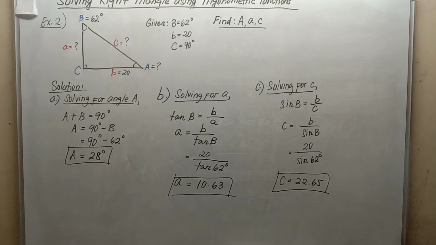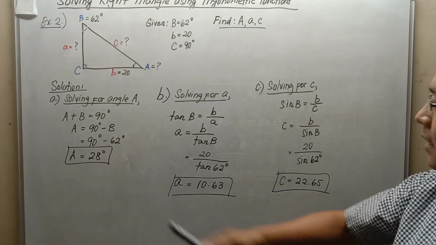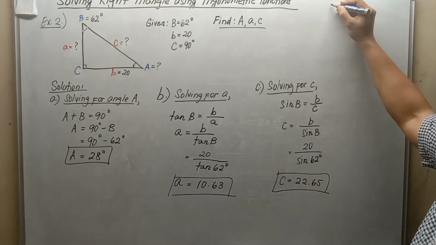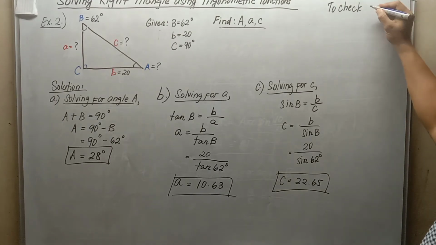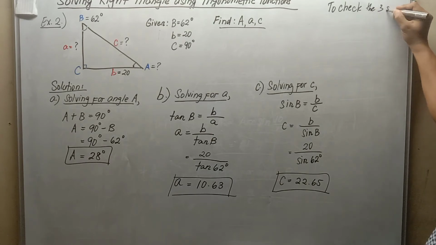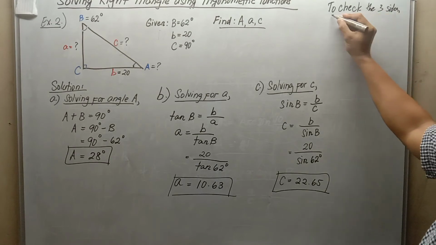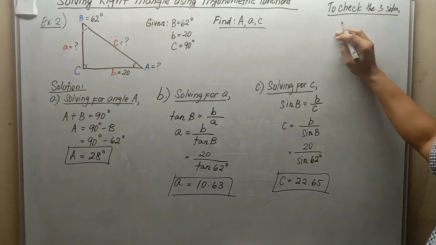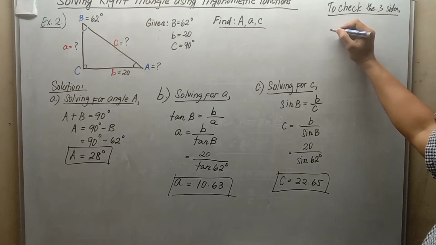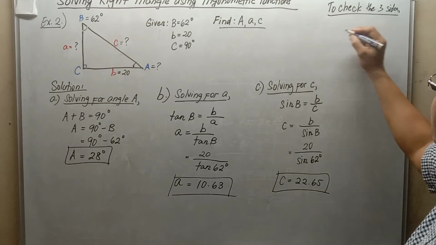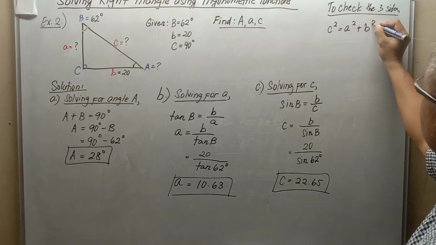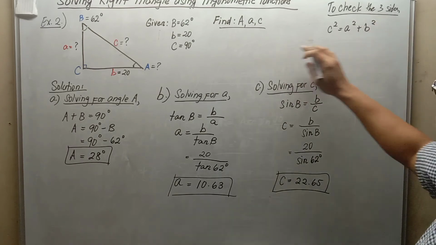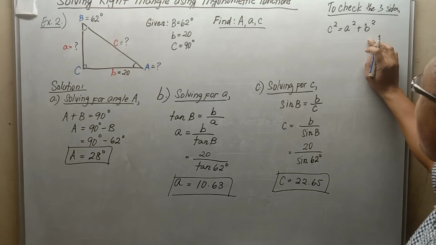By then, guys, we can check these three sides by applying the Pythagorean theorem, okay? So we have C squared equals A squared plus B squared. B is already given.